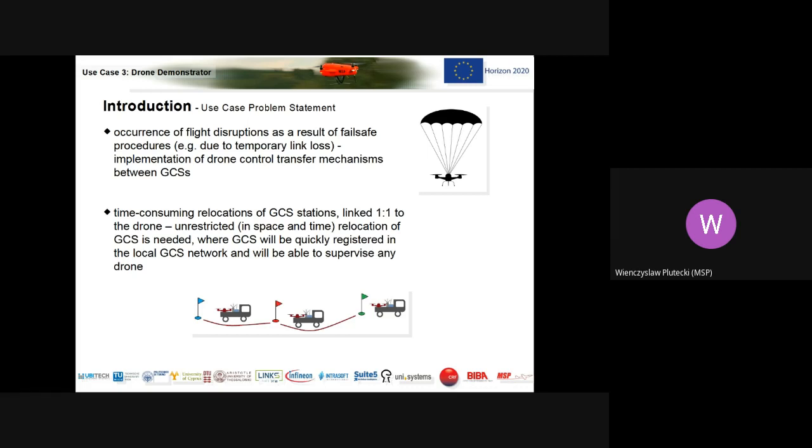And the last issue, probably influencing to the most level the efficiency of the UAV missions, is time-consuming relocations of ground control stations. As mentioned before, the ground control station is linked one-to-one to the drone. So if we have to switch off the ground control station and move to the new location, which is obvious in linear object projects, then we lose one drone from the action.